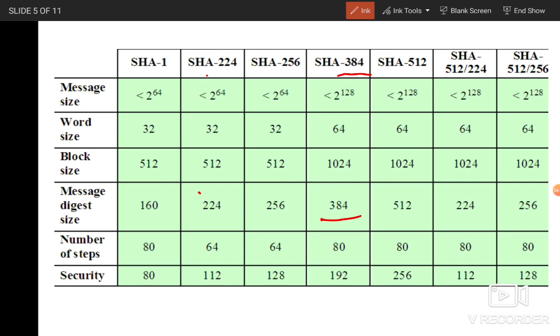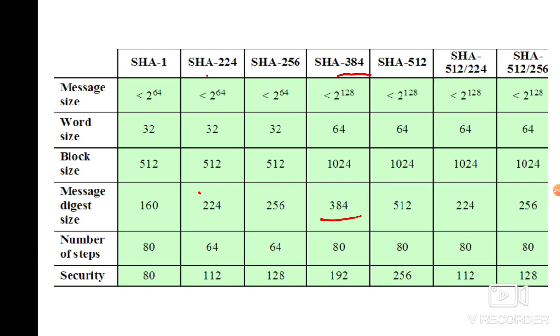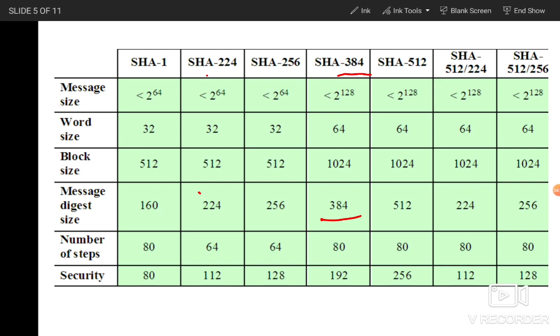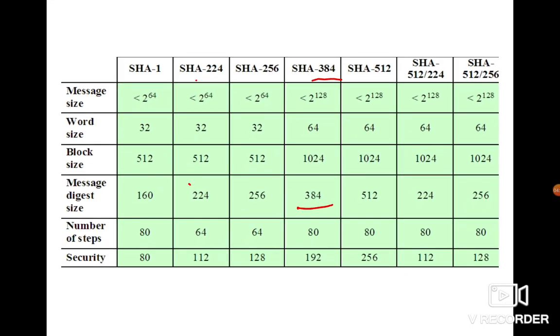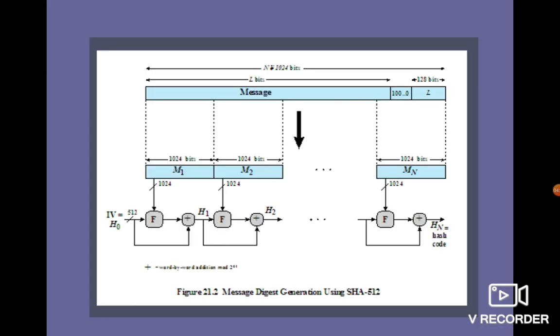The number of steps needed is 80 for SHA 1, 64 for SHA 224 and SHA 256, and for all the others it is 80. Security is measured in terms of brute force attack. It requires 80 for SHA 1 and 128 for SHA 512 and SHA 256. So this is the comparison of different versions of SHA.